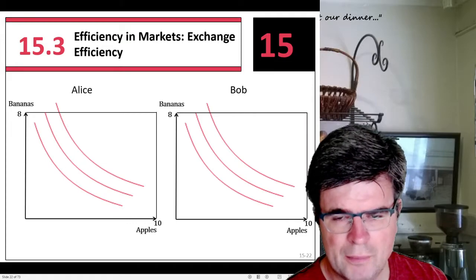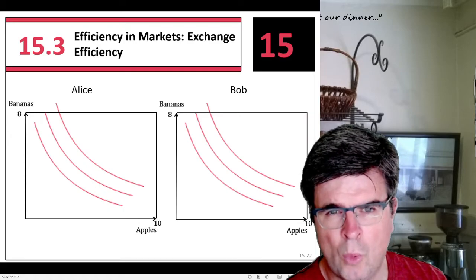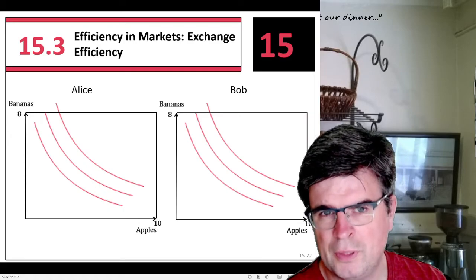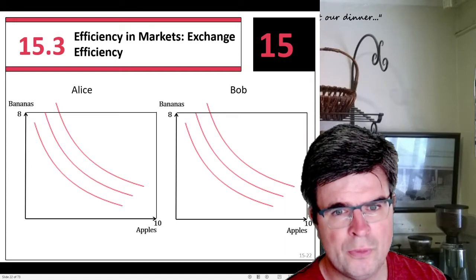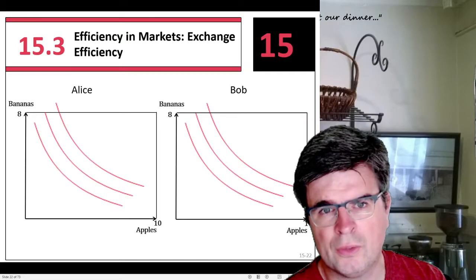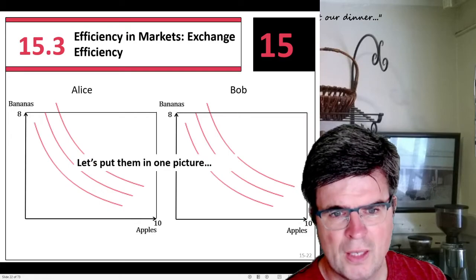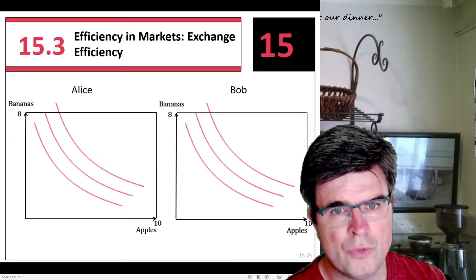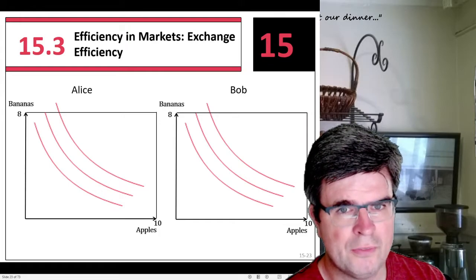But studying these two individuals in isolation is one thing; in order to get to Pareto efficiency and to study that, it's optimal to put the indifference curves of both individuals in one graph. So this is what we are going to do, and we are going to flip the graph of Bob by 180 degrees.